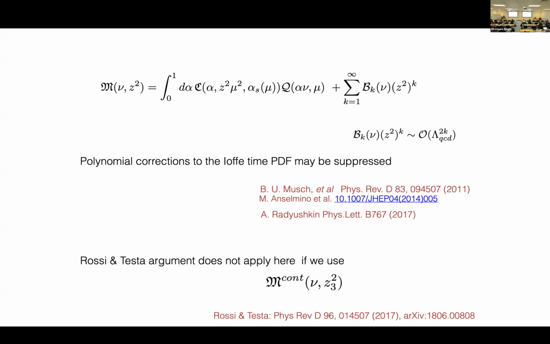Now, once I have eliminated all these issues with the divergences, I have obtained this object that is universal, and it has a smooth continuum limit. If I take the continuum limit, I will get the universal result, which I can then use to factorize the PDFs, their Fourier transform, with a known perturbative kernel, and I have to account for these corrections that are the power corrections.